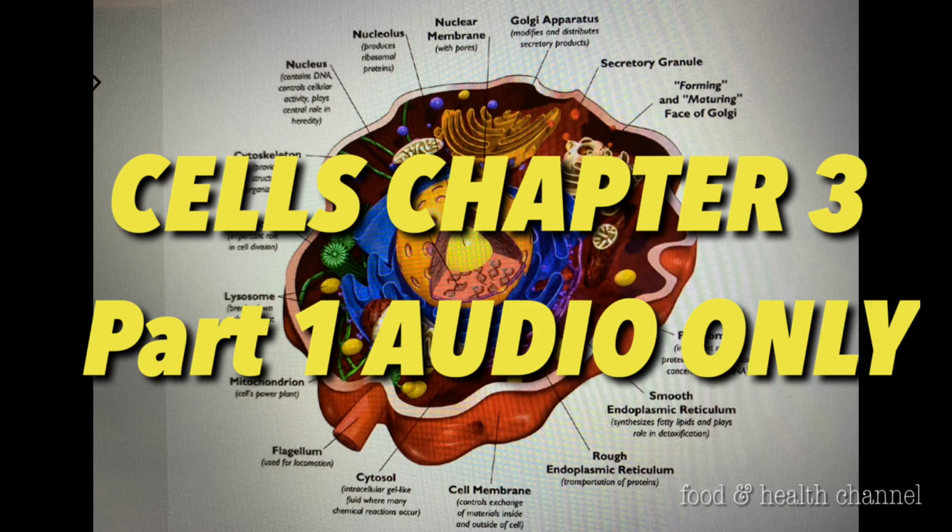It's the movement of a substance from an area of high concentration to an area of low concentration. Facilitated diffusion. A helper molecule within the membrane assists movement of substances from an area of high concentration to an area of low concentration.